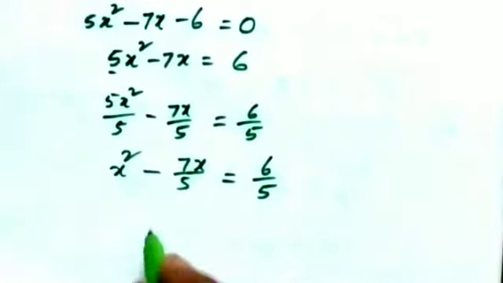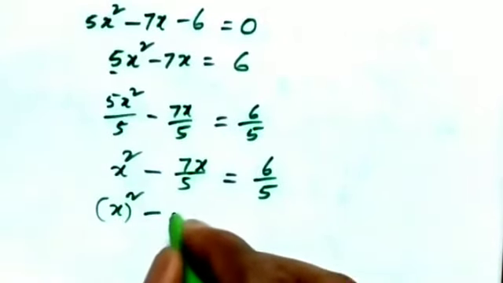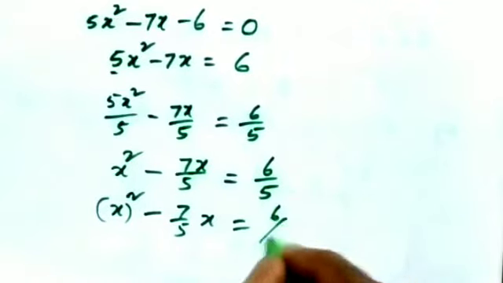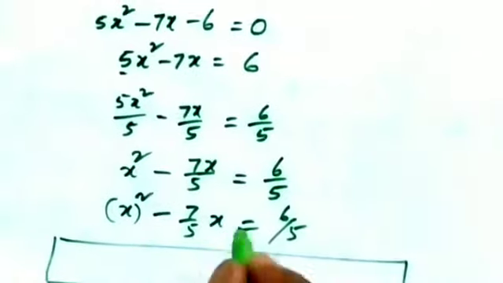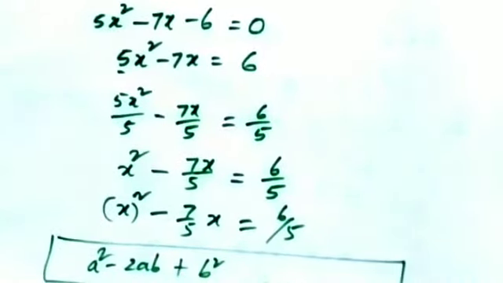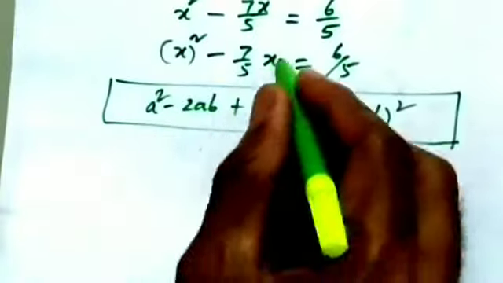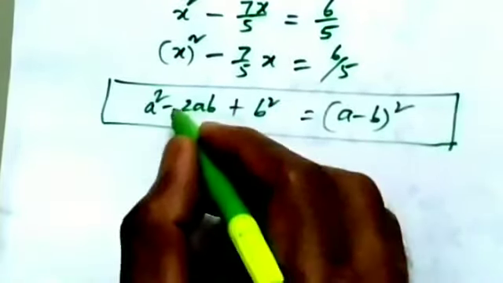So here also a square minus 2ab is there. We have to add b square on both sides. Now the formula is a square minus 2ab plus b square equals a minus b whole square. Now the 2ab term is 2ab equals 7 by 5x.